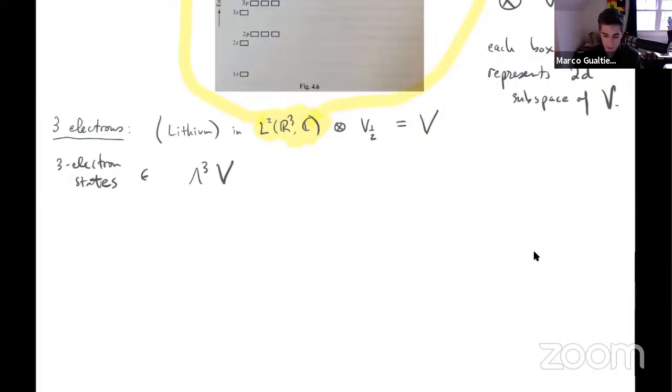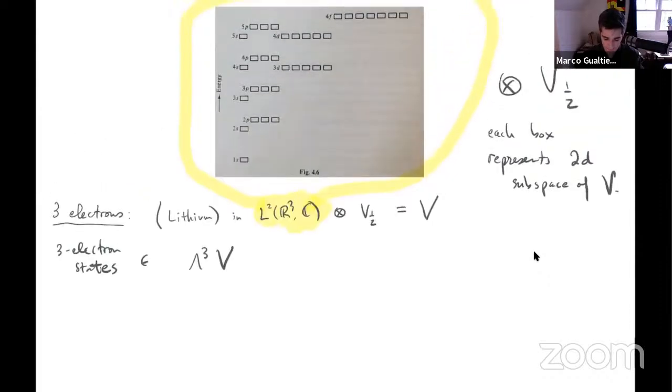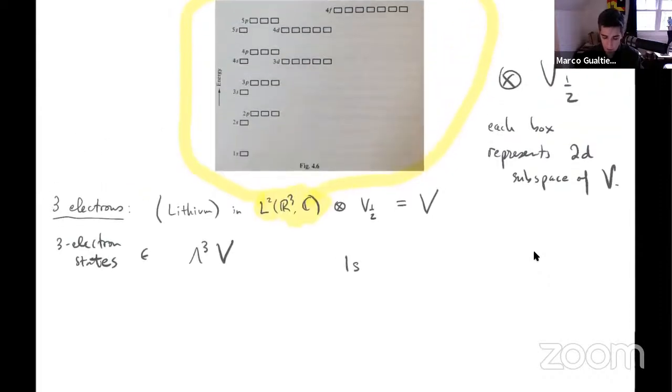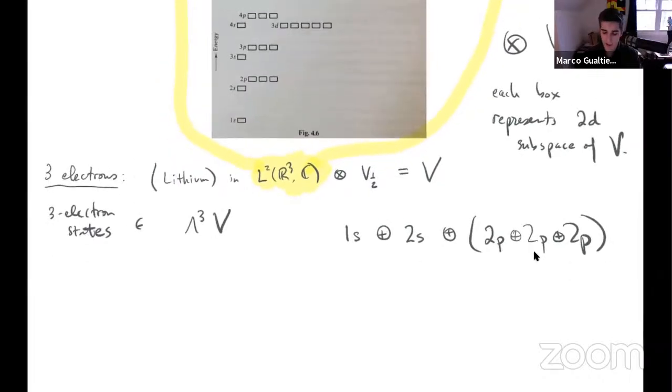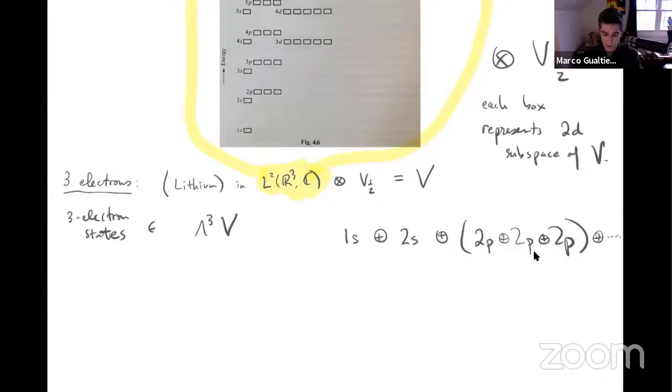So we could consider 1s direct sum 2s direct sum 2p, 2p, 2p. Let me write it this way just to be as explicit as possible, and this will continue on. This is L2.